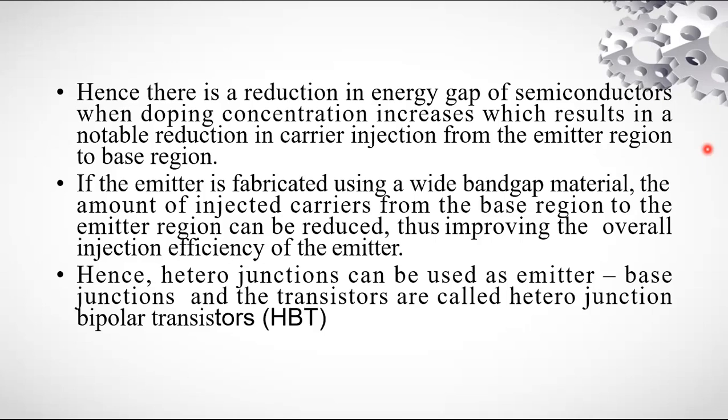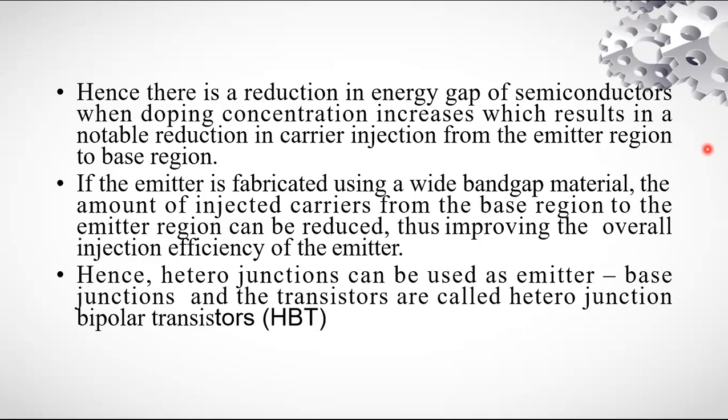So when William Shockley designed these transistors, he also found that when the emitter is fabricated using a different band gap material like a wide band gap material, the amount of injected carriers from the base region to the emitter region can be reduced.